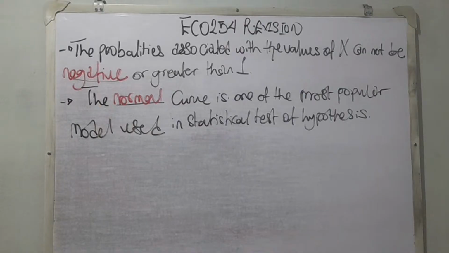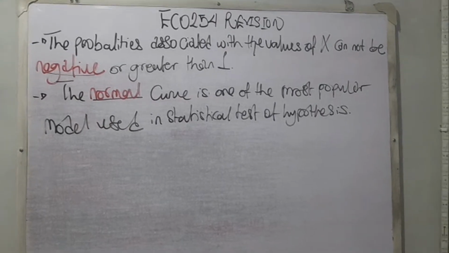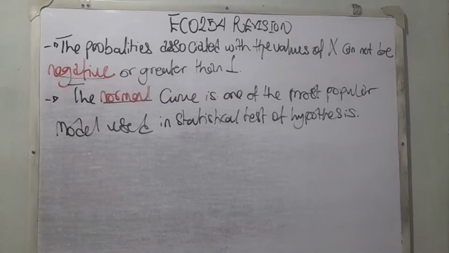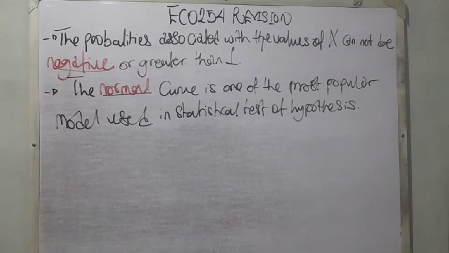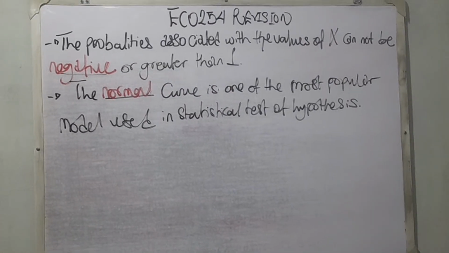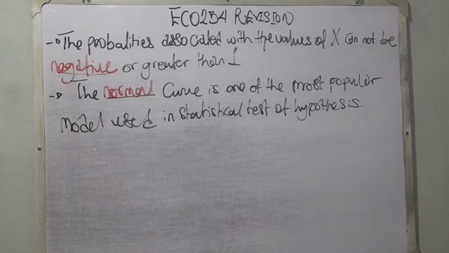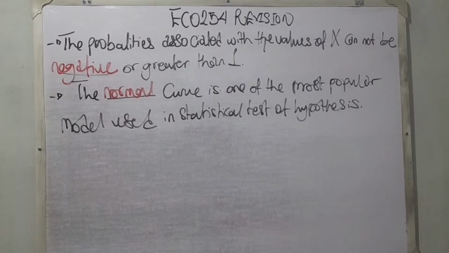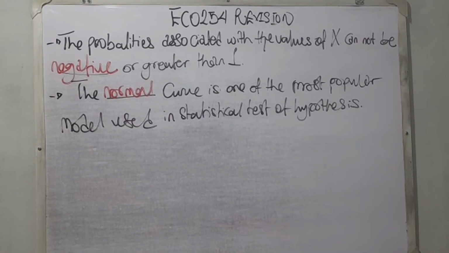Now let's take this. It says, a statistical test in which the critical area of a distribution is one-sided.